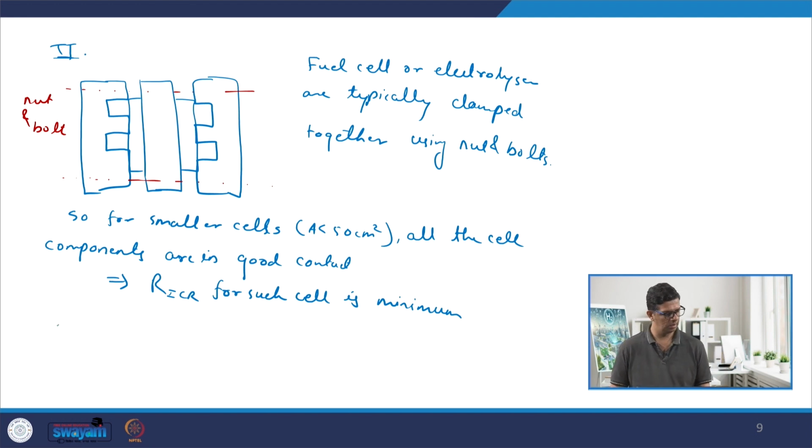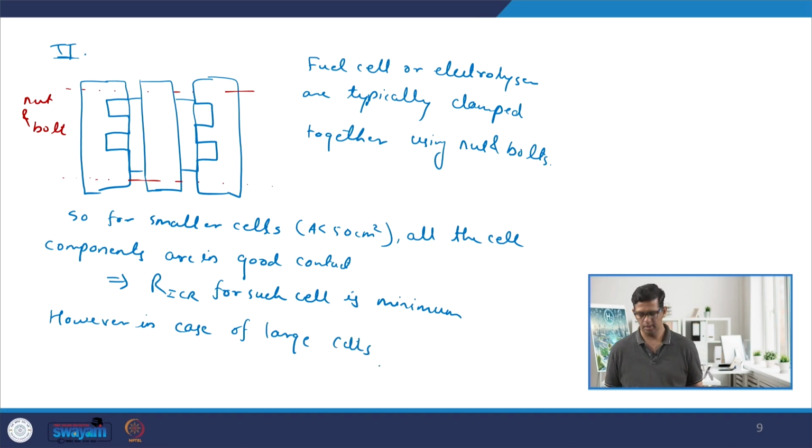However, in the case of large cells, or when the size of the cell increases, what happens?